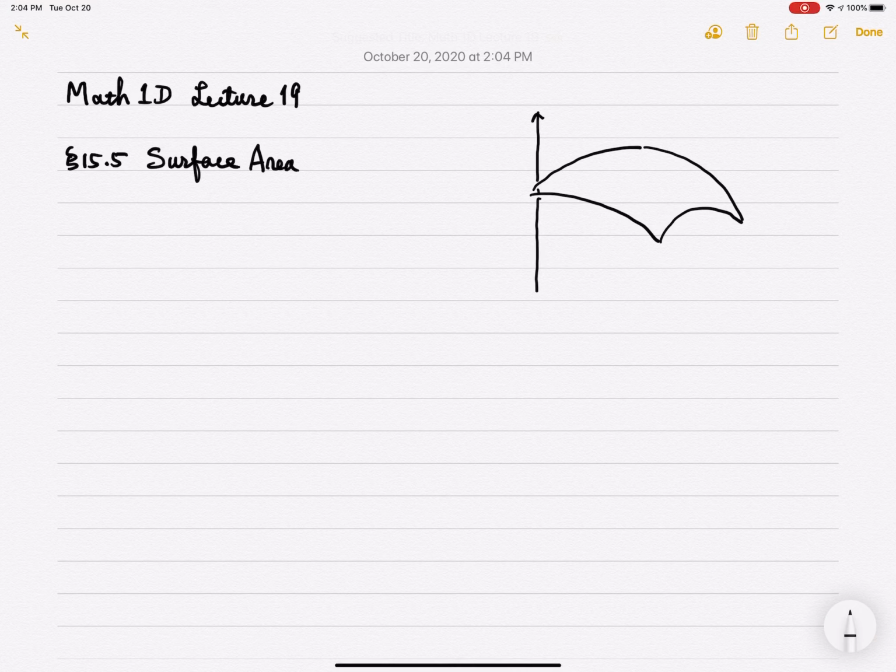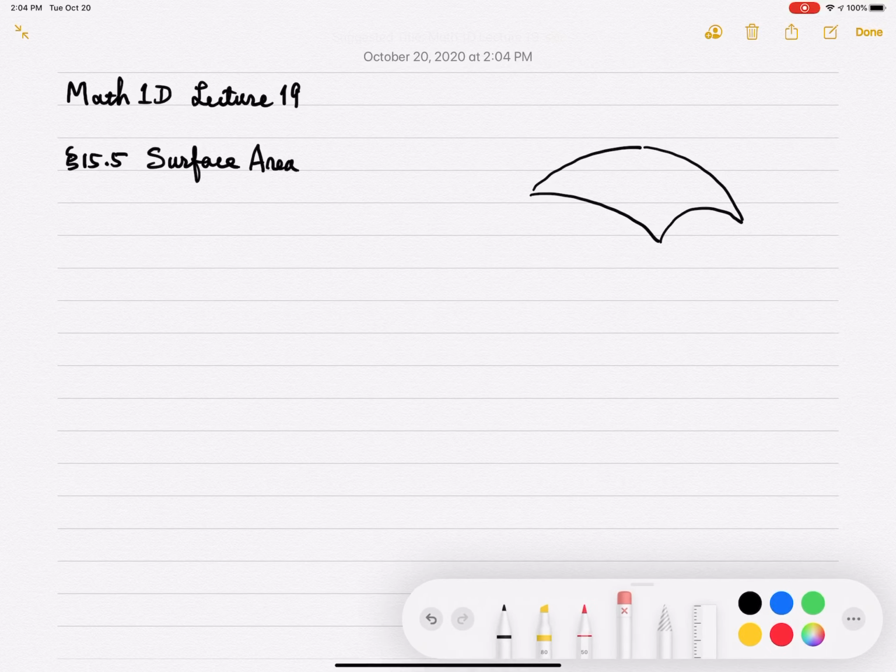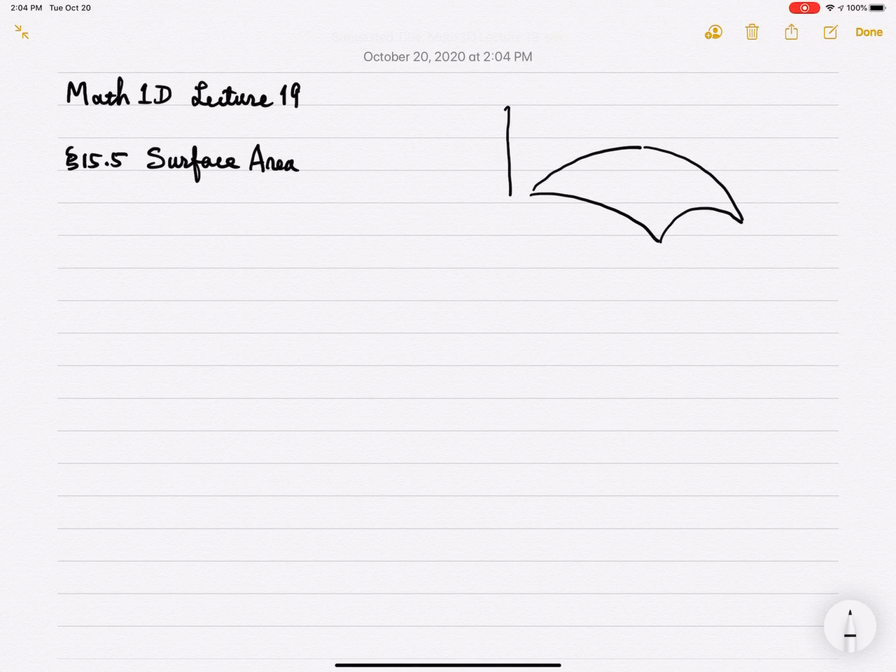I'm going to put everything in the first octant. And here, suppose this is the x-axis, and then this is the y-axis. This is the x, y, z.